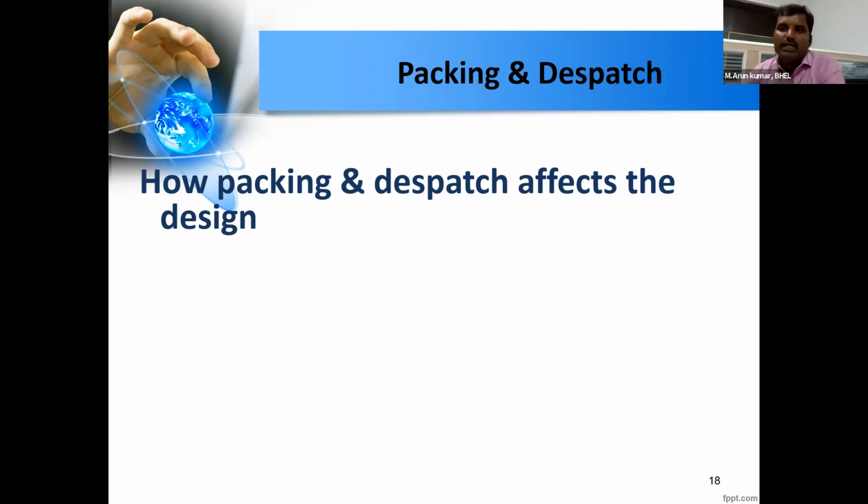Sometimes the transport may happen near the sea, so the atmospheric air can go into the outer containment or the component, and it may cause some corrosion to the equipment. Based on these experiences of nitrogen leakage in some cases, we have improvised our design. So even packing and dispatch give some improvement in design.